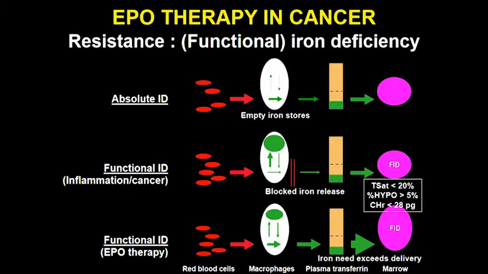So to illustrate that, here you have the macrophage, red blood cells that actually get really imprisoned by macrophages, and plasma transferrin has a certain capacity to fixate iron, and it's then fixated on the erythroblasts in the bone marrow so that it can be transferred to hemoglobin, to the red blood cells.